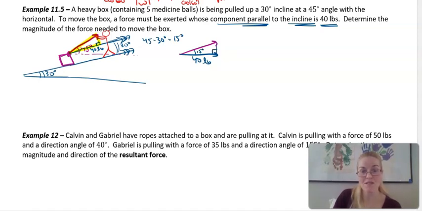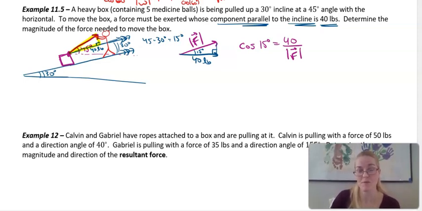So dropping that perpendicular, what is it that I'm trying to find? Determine the magnitude of the force needed to move the box. Again, let's call this force F, right? So what is the magnitude of the force I need there? Now I'm going to say cosine of 15 degrees is going to equal my adjacent 40 pounds over the magnitude of the force, this vector force here that I'm pulling with.